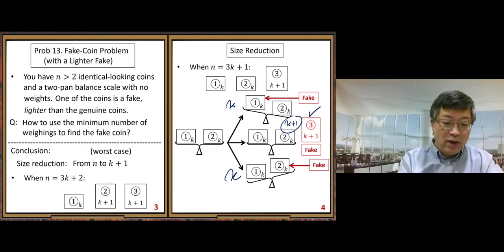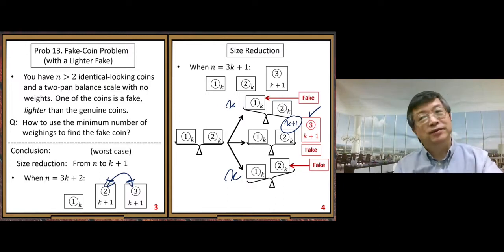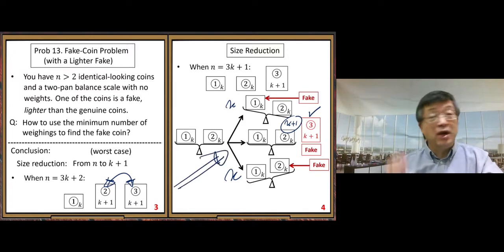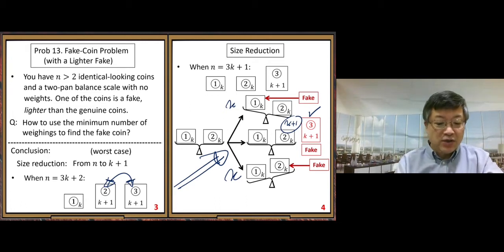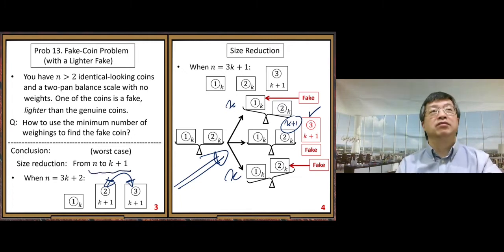When we put them on the balanced scale, we should put pile 2 and 3, and so on. The work is similar, so I do not repeat it here. You can imagine the result: the size reduction is still from n to k plus 1.